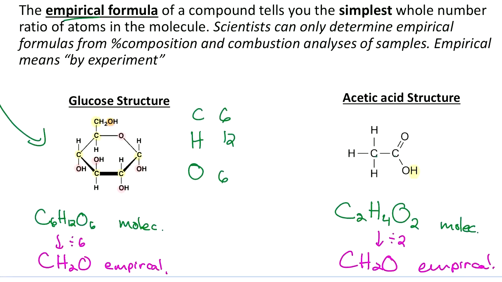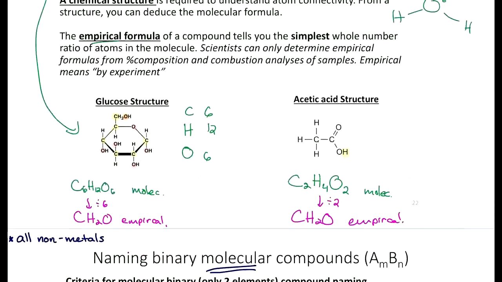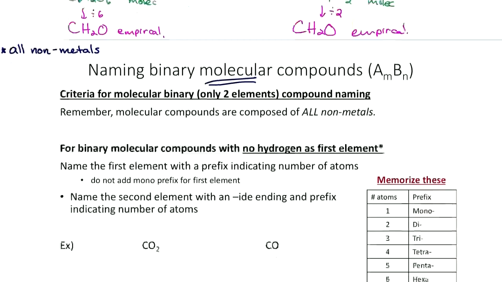What that means is, if we were a chemist in the 1800s trying to separate or distinguish glucose and acetic acid, just using experiments with percent mass, we wouldn't be able to do it, because all we would know is their empirical formulas and not their true molecular formulas. We'll come back to this idea in chapter 3, so just keep that on the back burner.